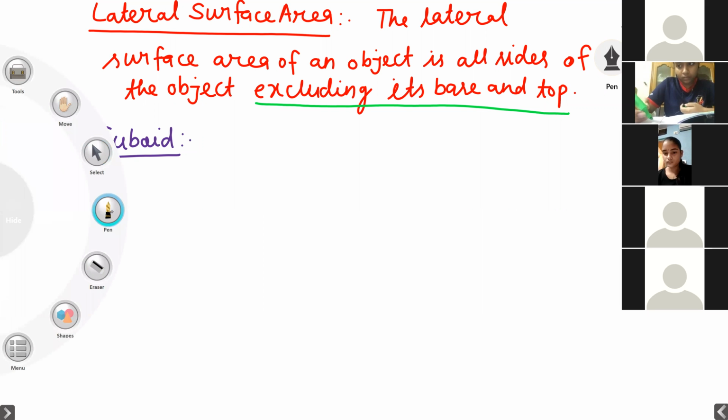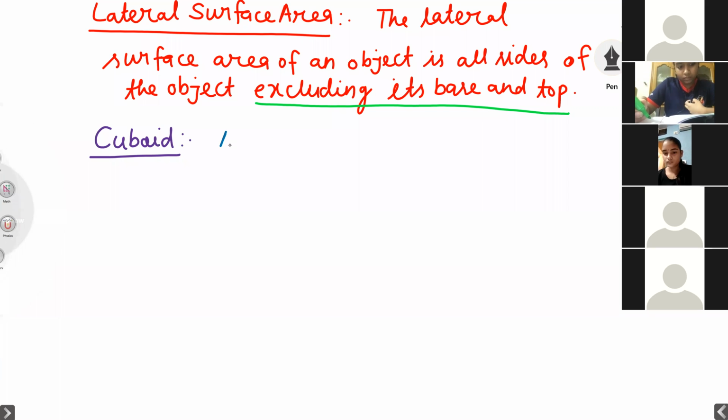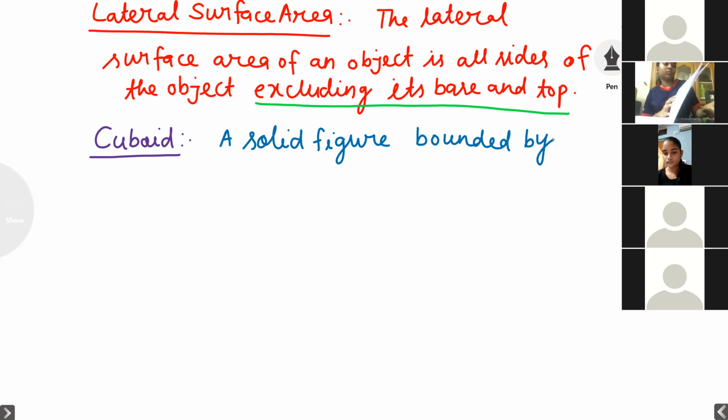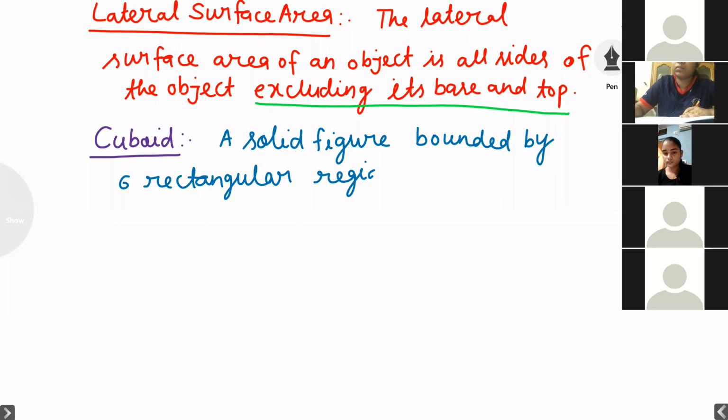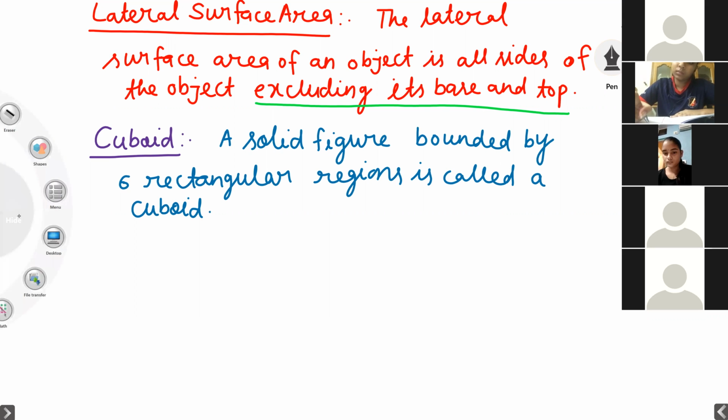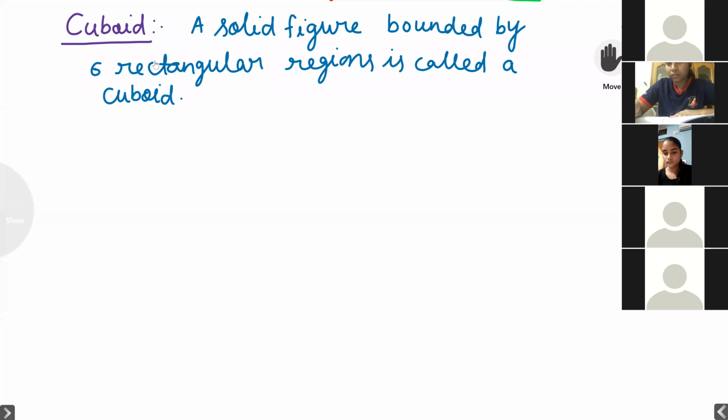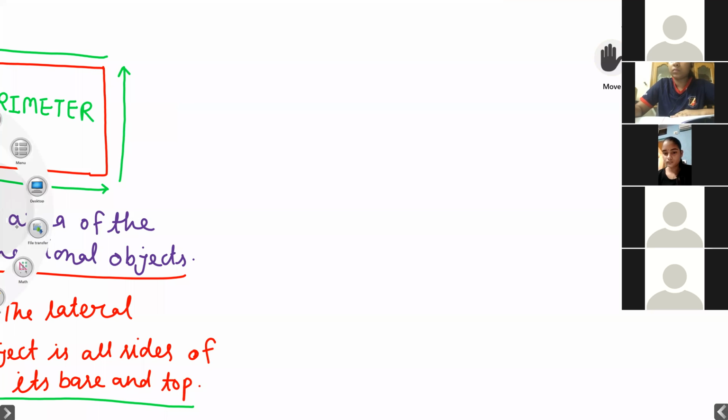Note down: a solid figure bounded by six rectangular regions is called a cuboid.